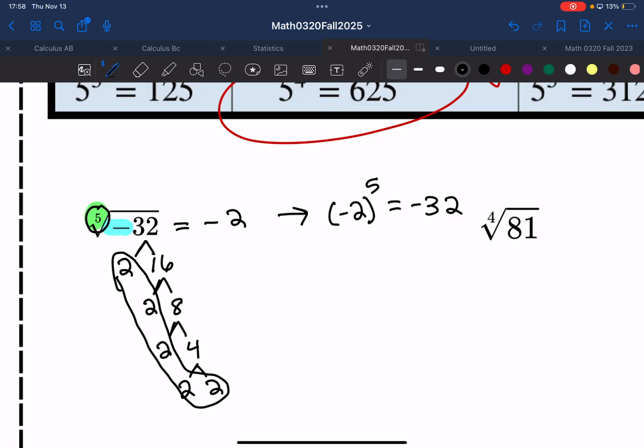So we take out the 2. And since it was negative, we're just going to bring the negative over here. So 2 different ways to look at it. We could use the prime factor tree. We could use our calculator. Well, no, we can't use our calculator. Prime factor tree and the table provided.